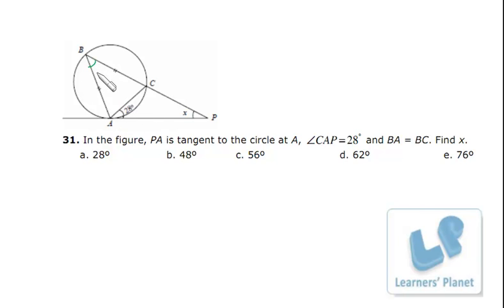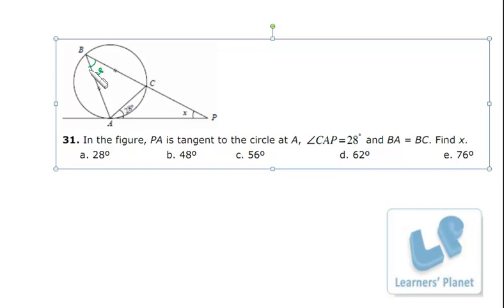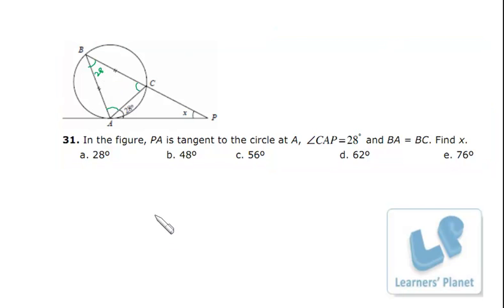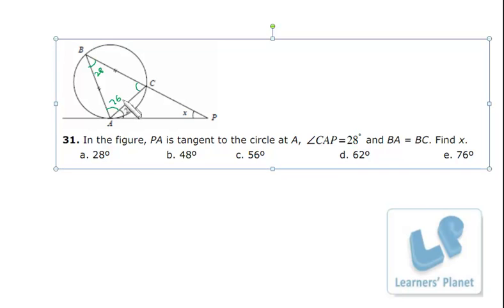So this is 28, so this must be 28. Now this line is equal to this line, that means this angle must be equal to this angle, right? The sum of these three must be 180. So out of 180, 28 is already gone, so we are left with 152. So the sum of these two is 152, so each of them should be 76 degrees, right?